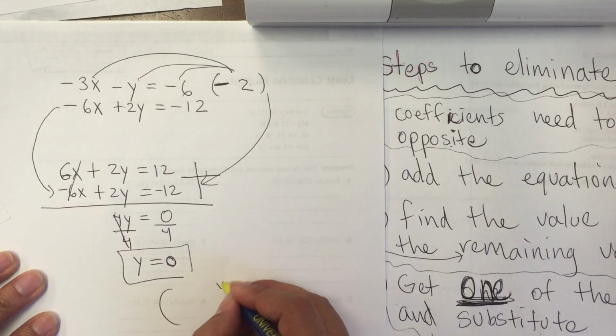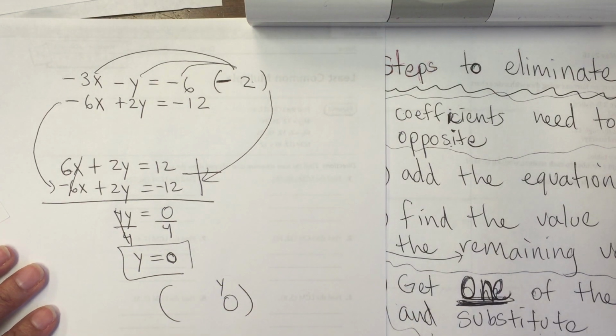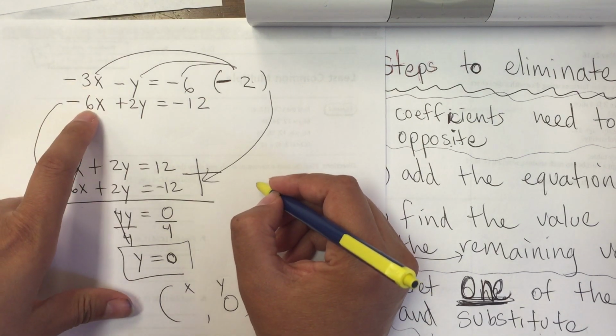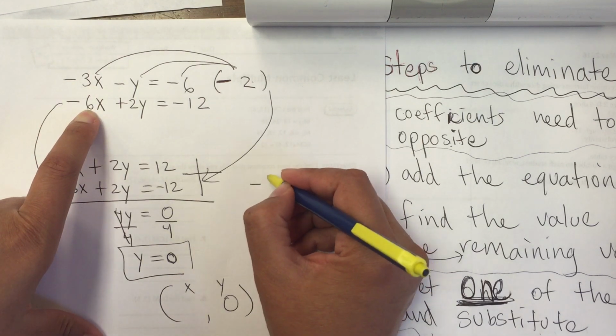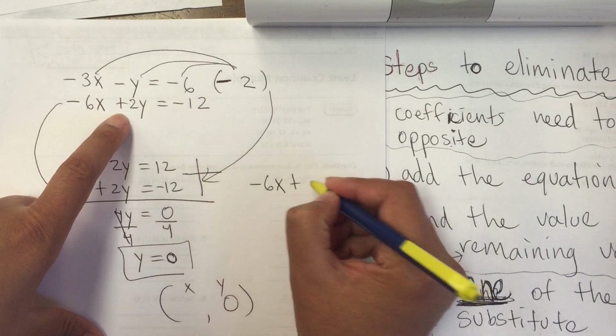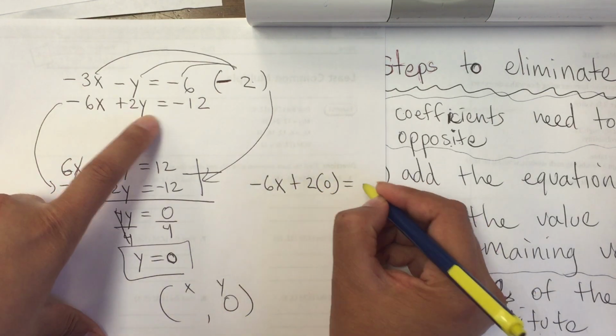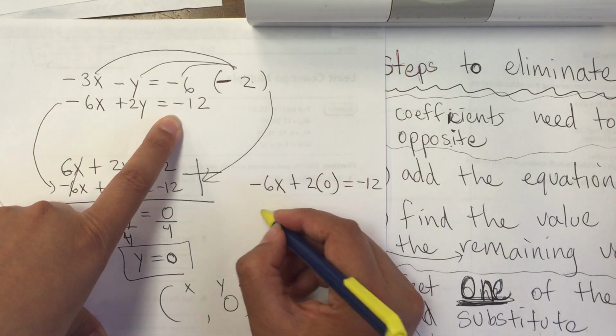I have the value of y, which is 0. Now I need to find x. And so I'm going to choose this one. Negative 6x plus 2 times 0, because y is 0, is equal to negative 12.